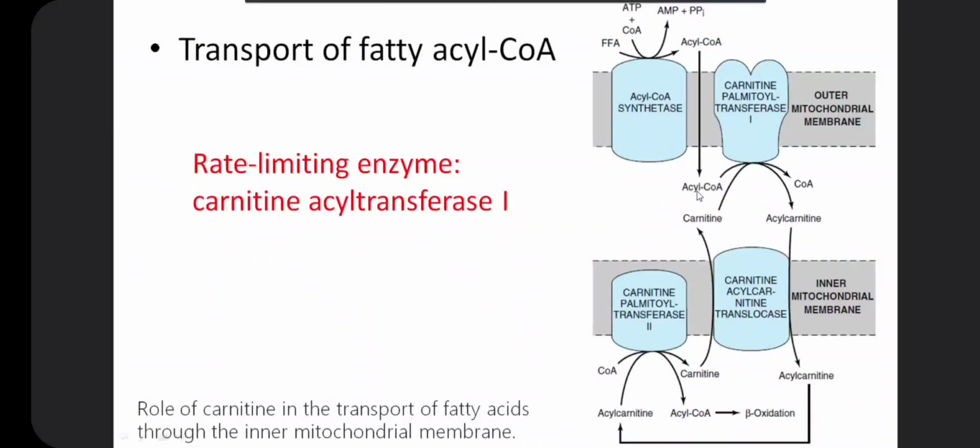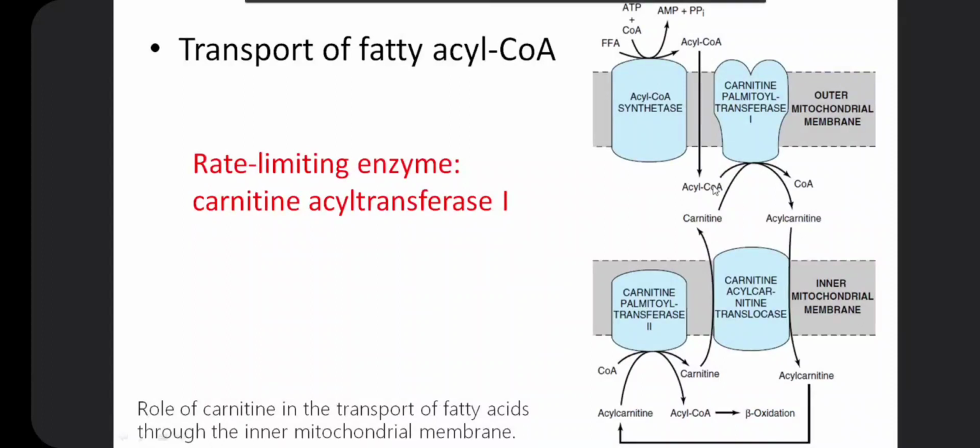And then the inner mitochondrial membrane is selective to most metabolites, which is totally different from the outer mitochondrial membrane. So the fatty acyl coenzyme A cannot cross the inner mitochondrial membrane to reach the mitochondrial matrix.